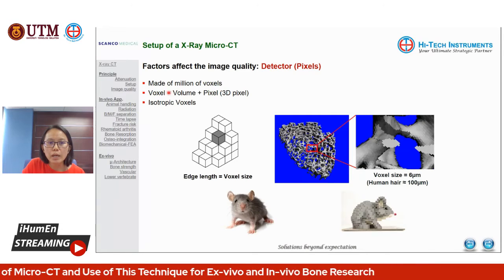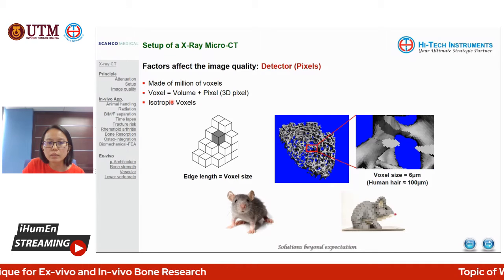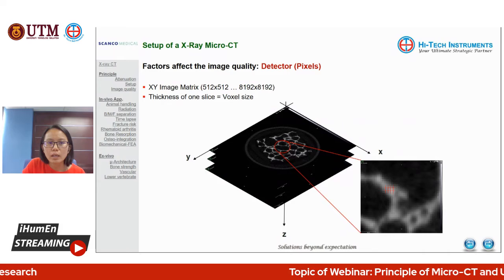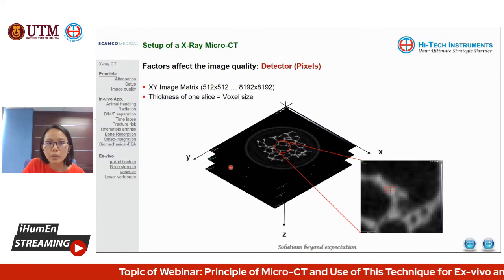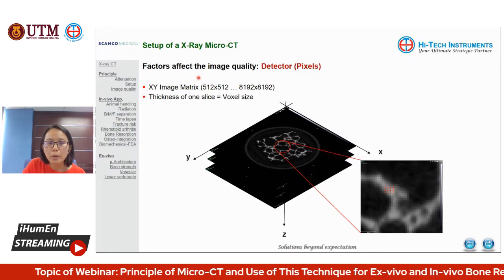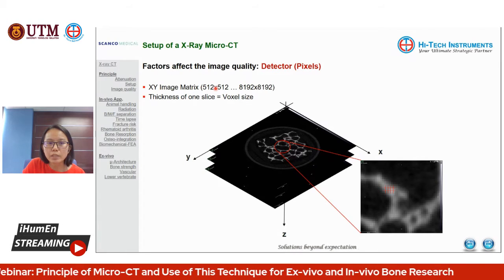So we also call it 3D pixels, which is equivalent to voxels. And this pixelation here is adjustable when we select the matrix.